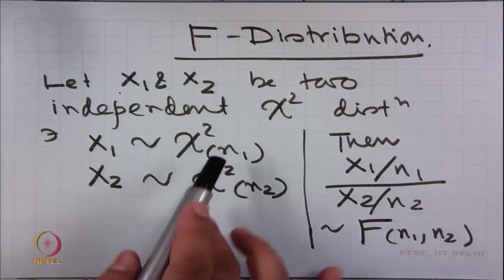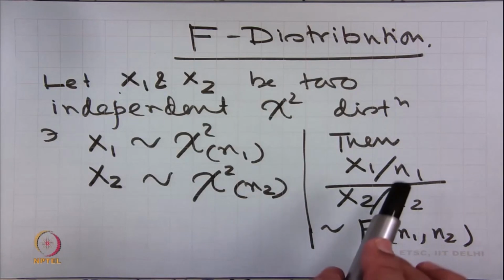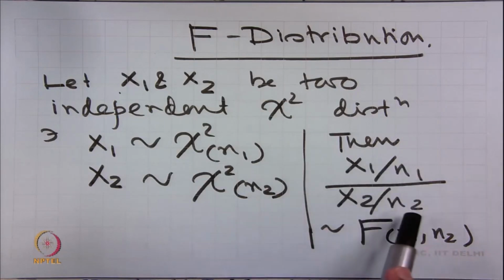So, basically we are looking at a ratio of two mean chi-square distributions.